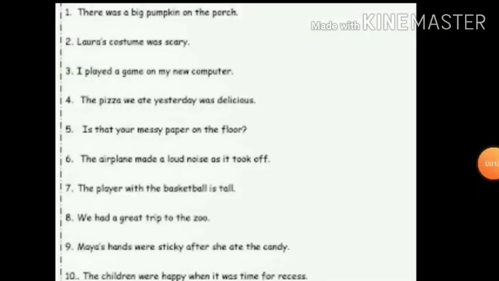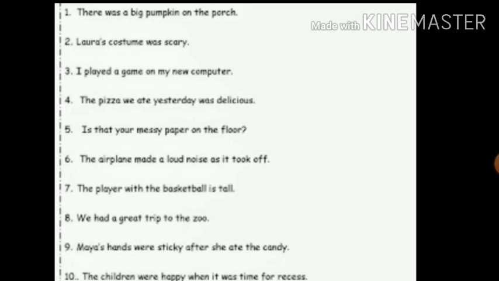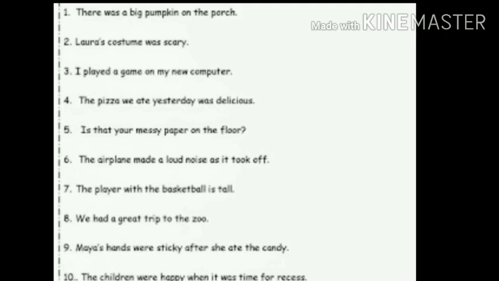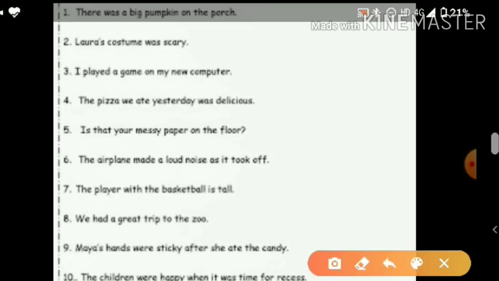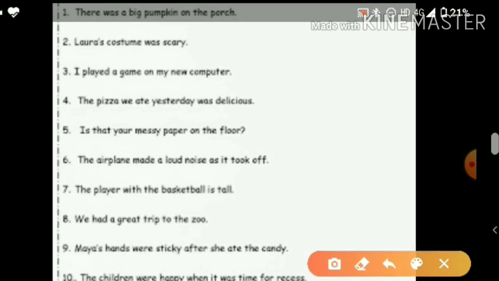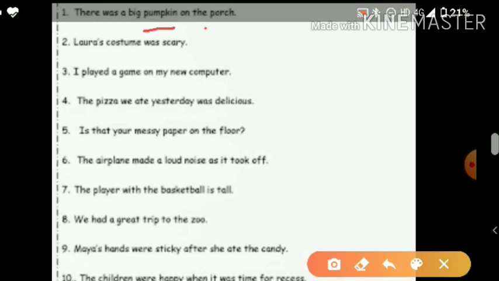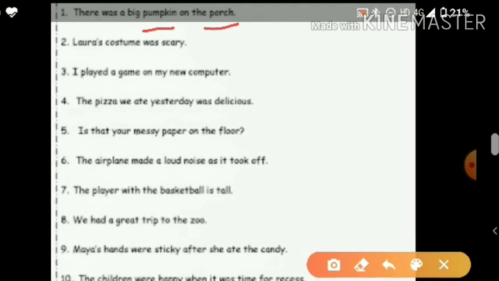Children, let's do a small exercise based on adjectives, and here we will pick out the adjectives and also see the nouns they are describing. So let's start. The first sentence is, there was a big pumpkin on the porch. Pumpkin is a noun and porch is also a noun. What is the describing word? Big. What kind of pumpkin?